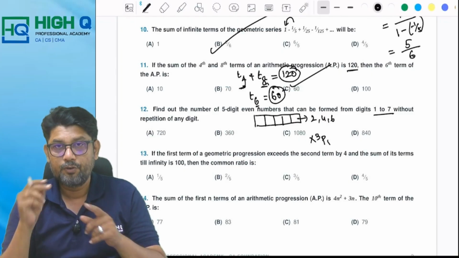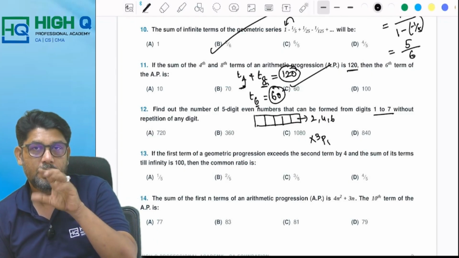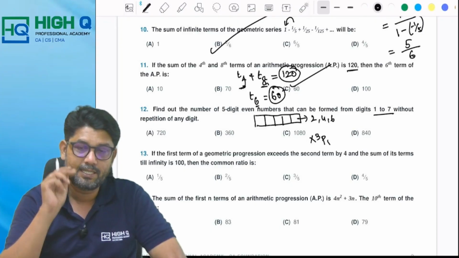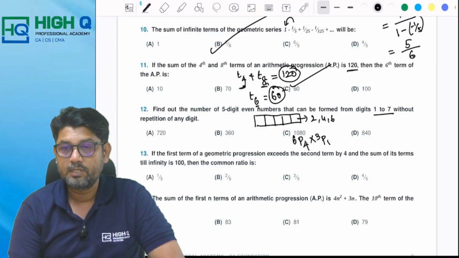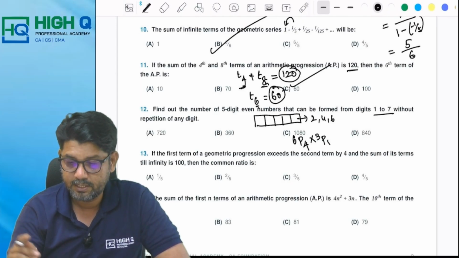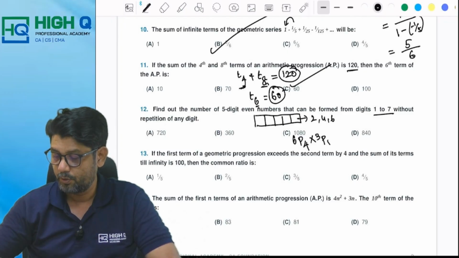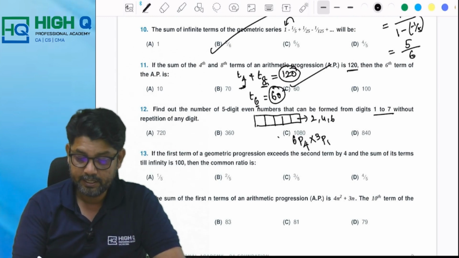And the remaining 4 digits, how many digits are available, my dear? 6 digits, because out of 7 one has already been selected. Now 6P4. I hope you know what is 6P4: 6 into 5 into 4 into 3, then into 3, we get 1080.